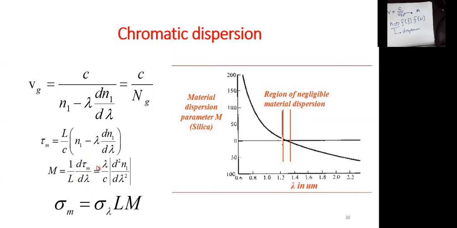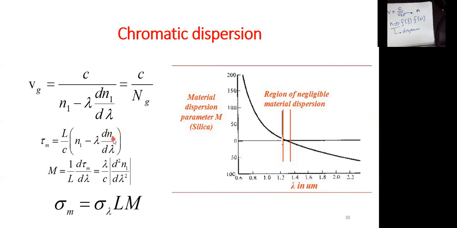And this M term can be obtained very easily by taking the first derivative of this equation and then dividing by L. So this L will be cancelled by this. And herein, we should actually have two terms. The first is the first derivative of n, and the second is the second derivative of n. But usually, the second derivative of n is dominant with respect to the first derivative. That's why we ignore this first derivative of n.